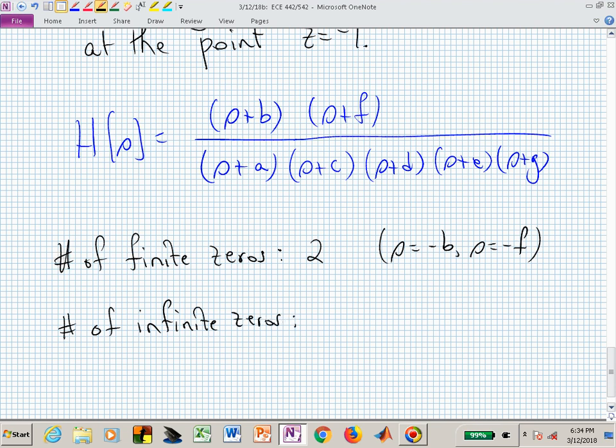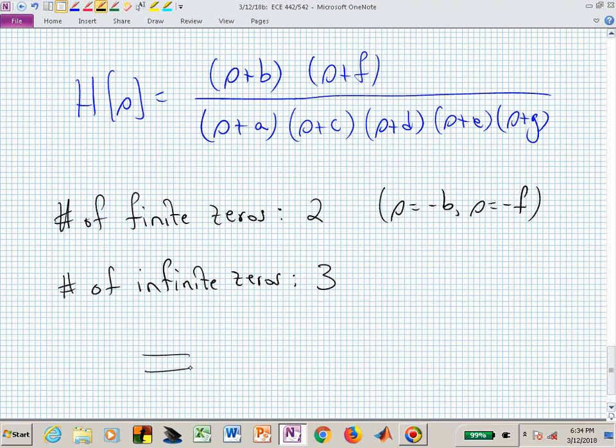What's the number of infinite zeros? Now you need to show me more fingers, don't you? How many poles do you have? So the denominator's 5th order. The numerator is 2nd order. The pole zero excess is that difference, 5 minus 2. You now have 3 zeros at infinity. And that means that in the typical case, you would have (z plus 1) cubed as a numerator factor.